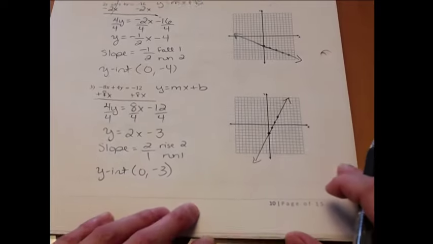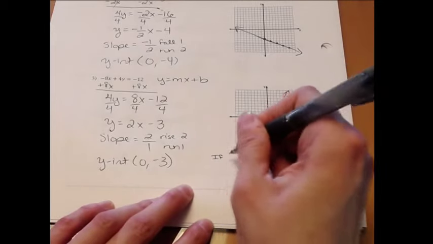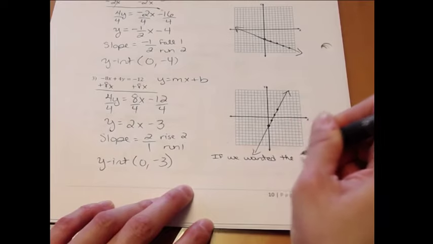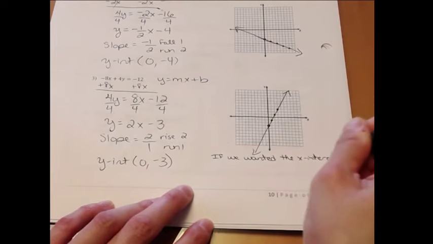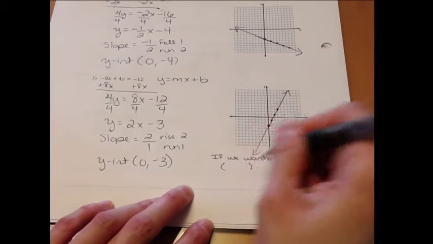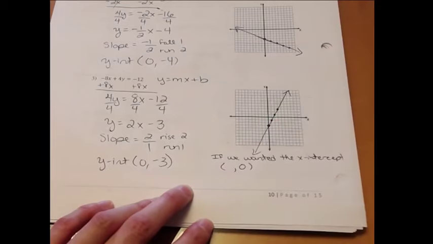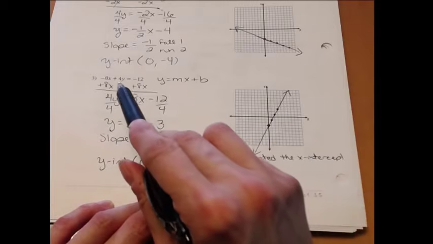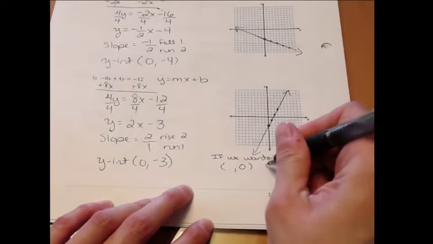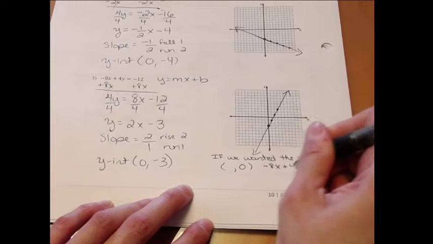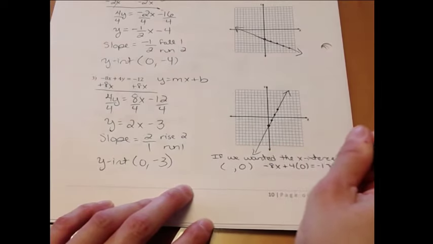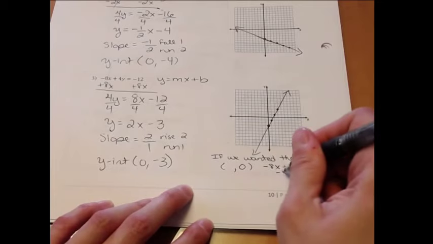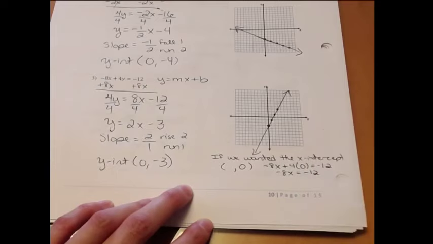As a recap, if we wanted the x-intercept, remember that y has to be 0. So I'm going to take this y of 0 and plug it into the original equation. Check this out: negative 8x plus 4 times 0 is equal to negative 12. 4 times 0 goes away, so we have negative 8x is equal to negative 12.